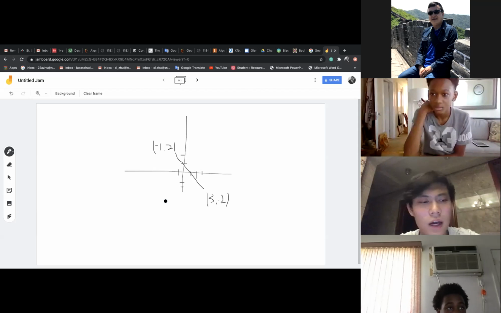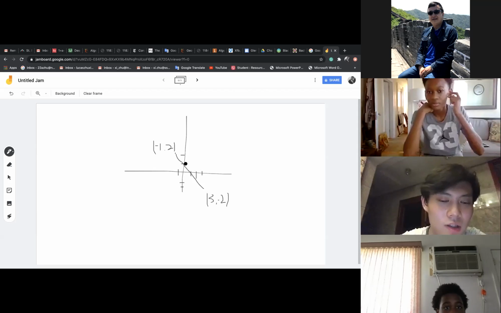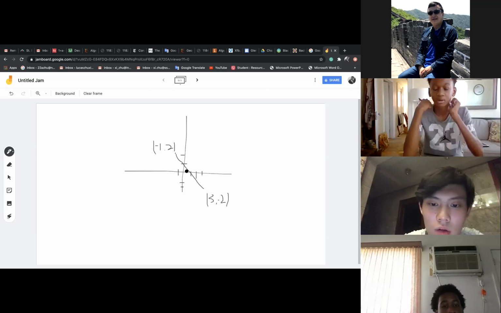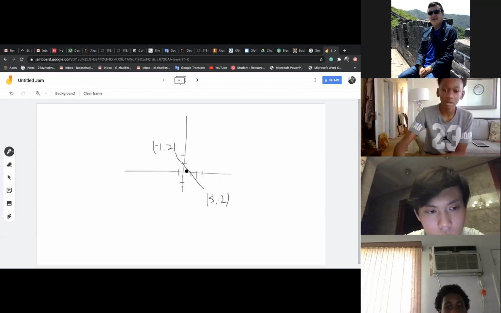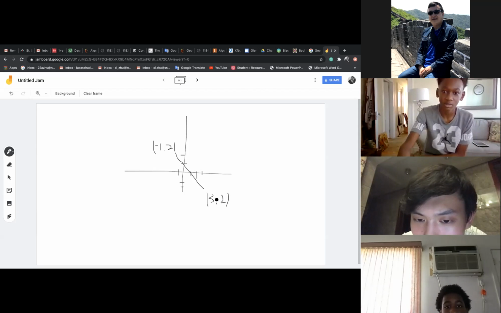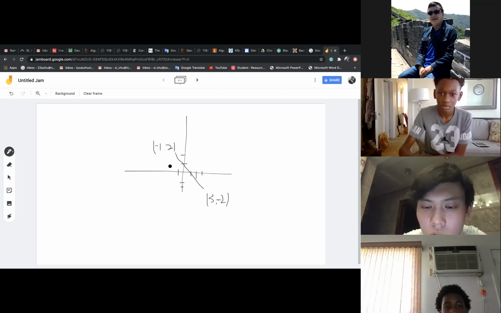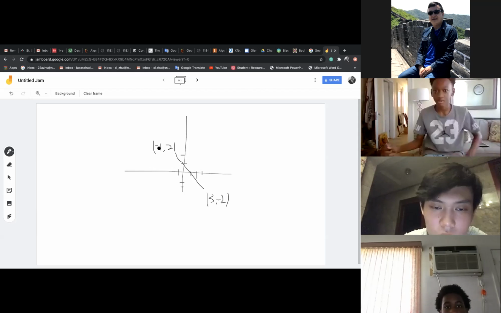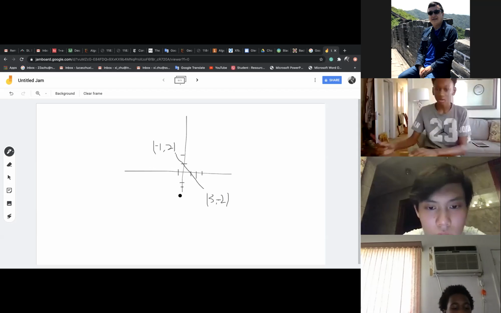It has to be a value, like the distance. It's not a coordinate, it's not a point. No, no. I was asking because it says 3, -2 and y, -1, 2. Oh, that's what it is, right? Yeah, those are the points. Okay.